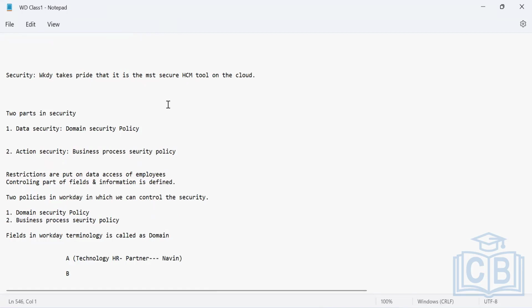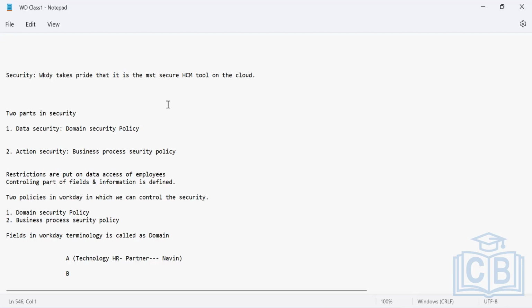For example, there is a hacker who is trying to hack into Workday. Those kinds of security, we are not going to work on. Who is going to work on it? It is going to be the Workday security team who will take care of all that.